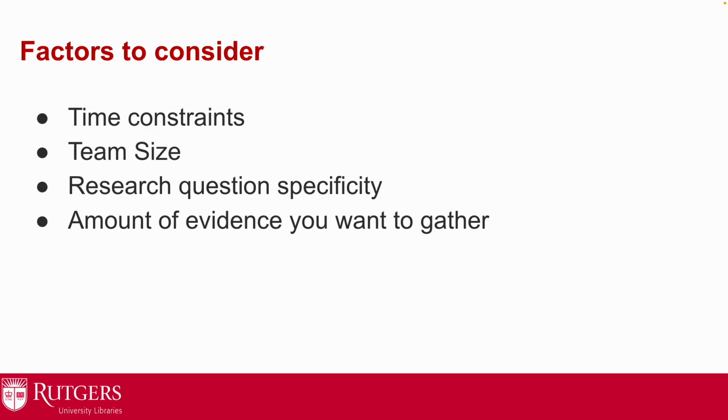Do you have enough people to be able to complete this in a way that both creates an equitable workload and allows for the mitigation of bias? How specific is your research question so that you can choose the type of review that's right for your specificity? And finally, do you know how much evidence you want to gather? If so, that will help you dictate what type of review is right for you.